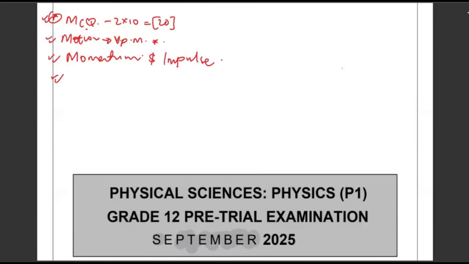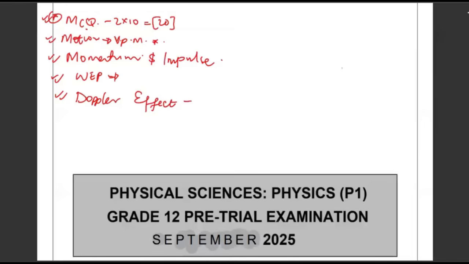And then after that, we can have our work, energy and power. From the work, energy and power, we need to know at least that theorem: what is it equal to, and how do we transform it from words into its application? And then next, we have what we call the Doppler effect.